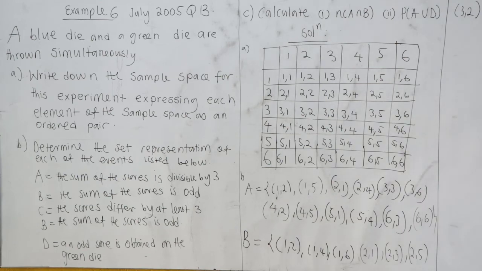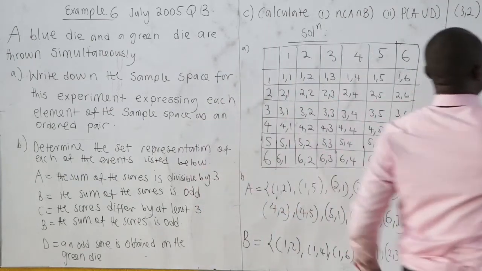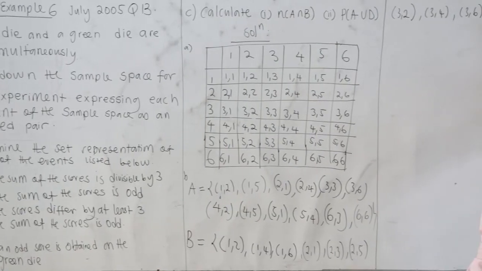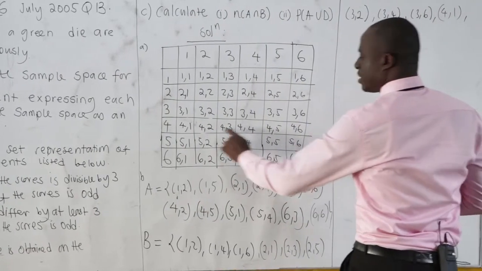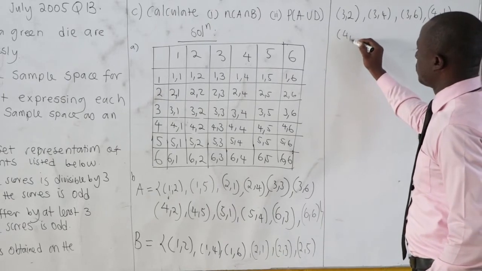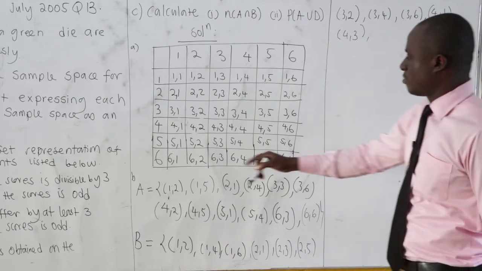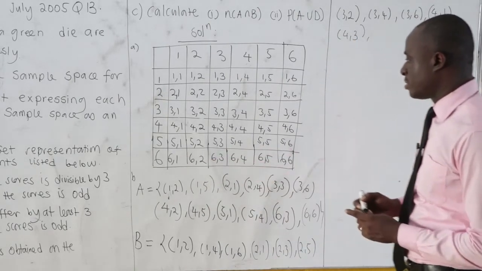When you add, you should get odd. 4 plus 1 is part. 4 plus 2: no. 4 plus 3 is 7.